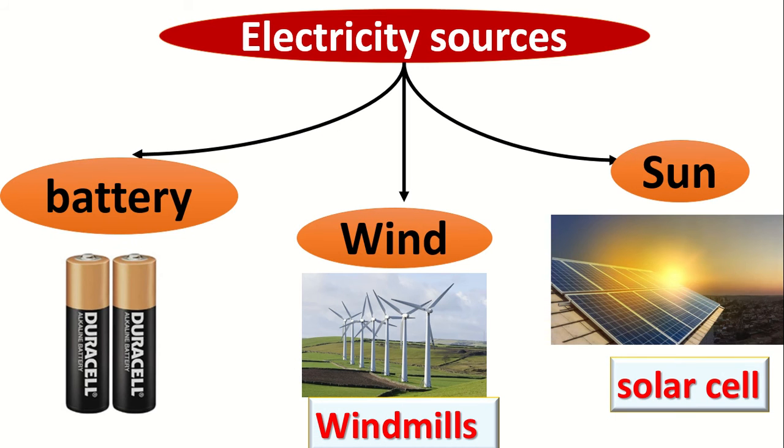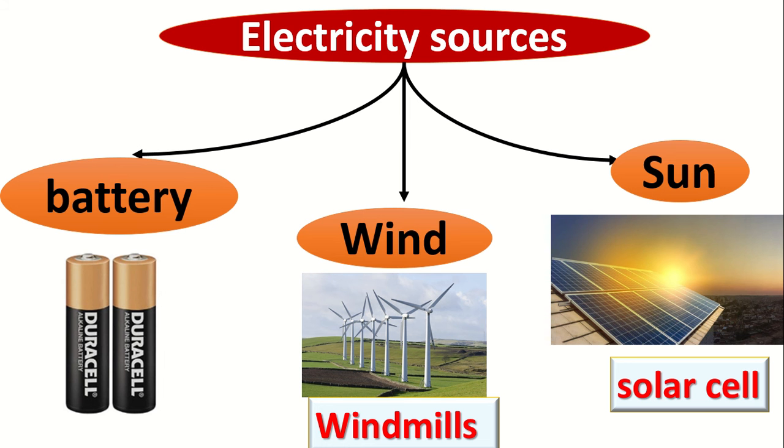So again, we can get electricity by three sources or three ways. Number one, we can get the electricity by battery, or by the wind. How can I get the electricity by the wind? By using windmills. Number three, I can also get electricity by the sun.